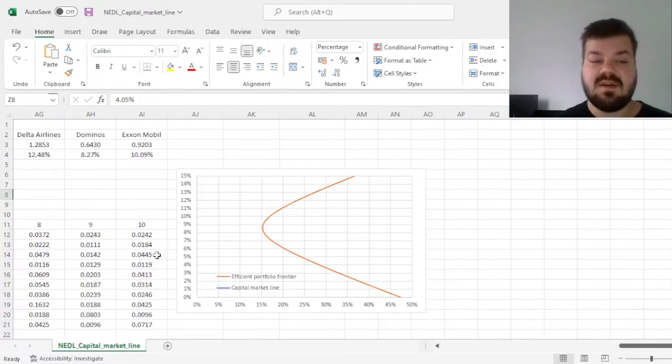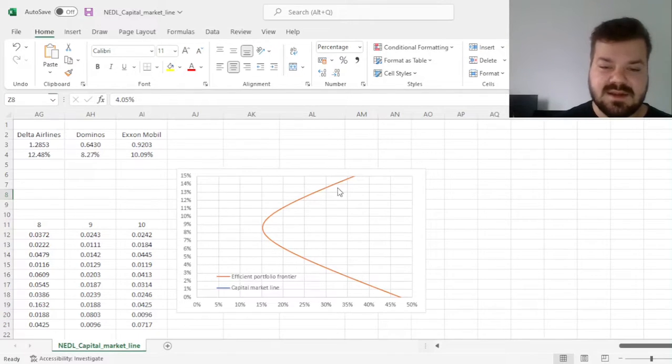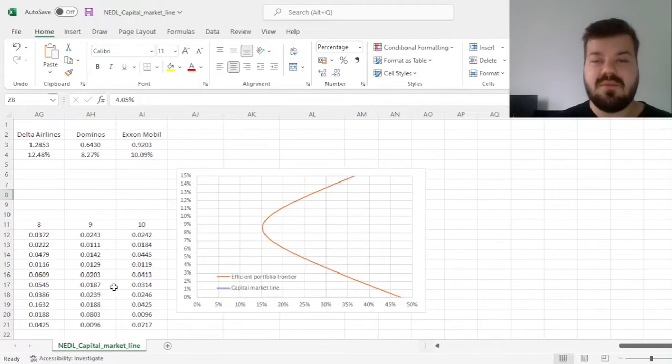And given that the risk-free rate is risk-free, meaning that it has variance 0 and correlation 0 with any of our risky assets that are represented by the orange frontier, we can represent the mixture of those two as a straight line on the risk-return plane that would connect the two.